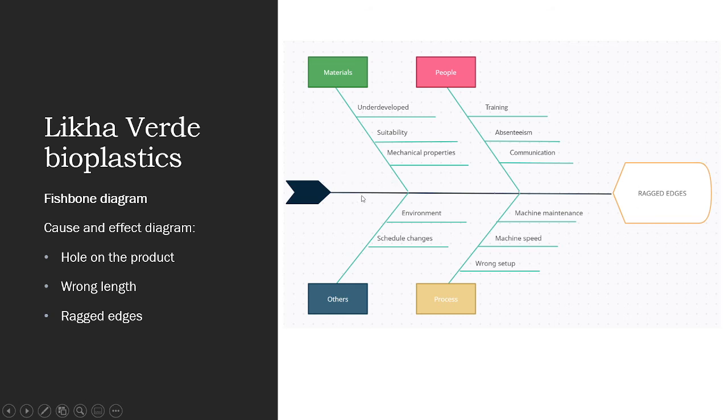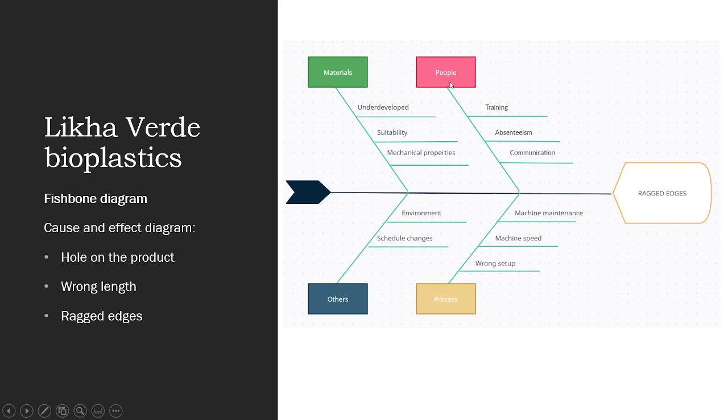So what are the causes of the ragged edges? We will see first if the material is underdeveloped, or the polymer that we use, which is PLA, is not suitable for the process, or has specific mechanical properties that resist the process.